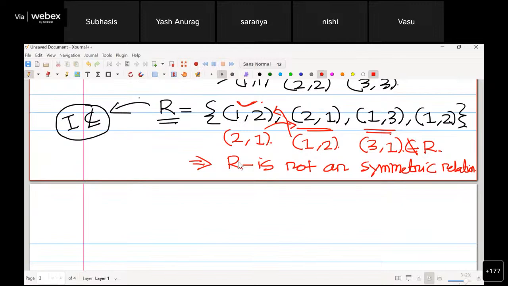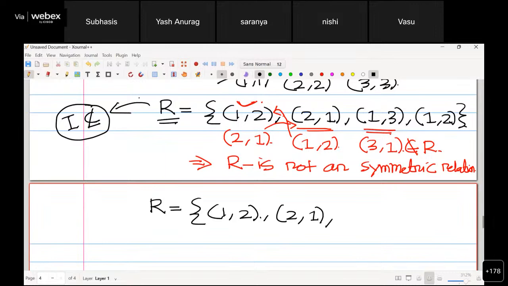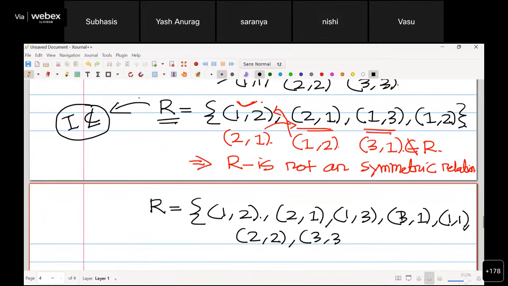Next, suppose R is, for the same set A = {1, 2, 3}, (1, 2), (2, 1), (1, 3), (3, 1), (1, 1), (2, 2), and (3, 3).